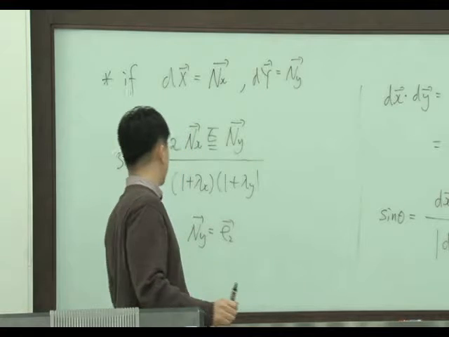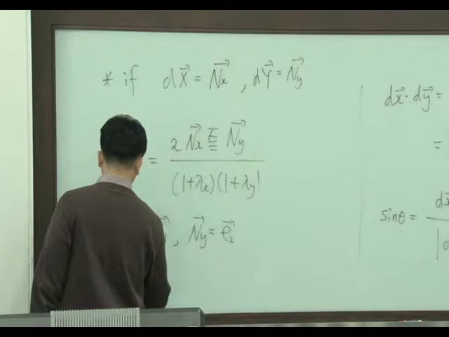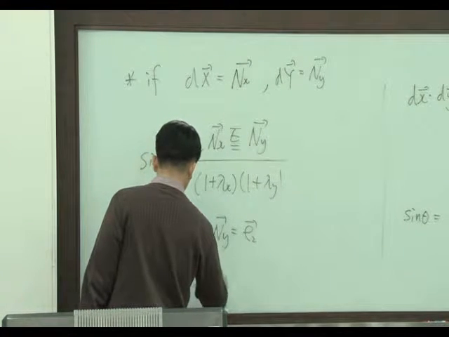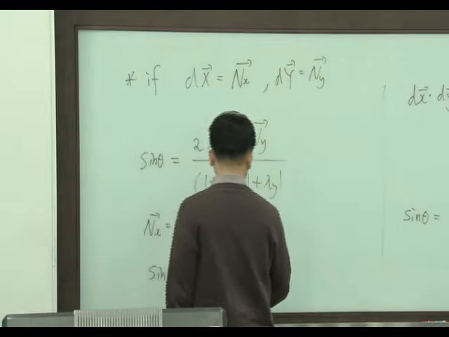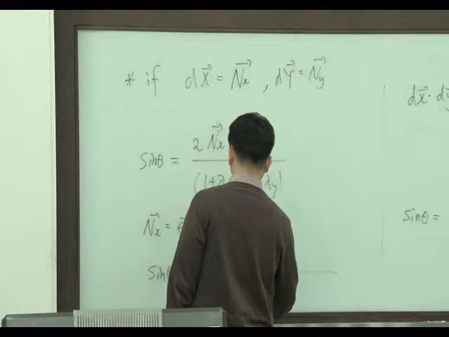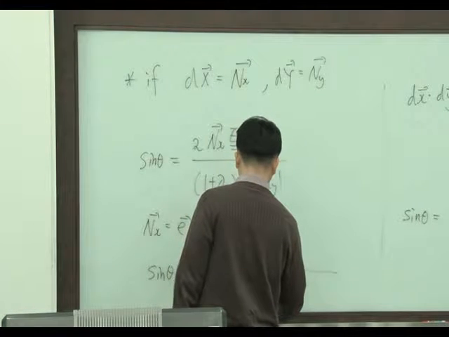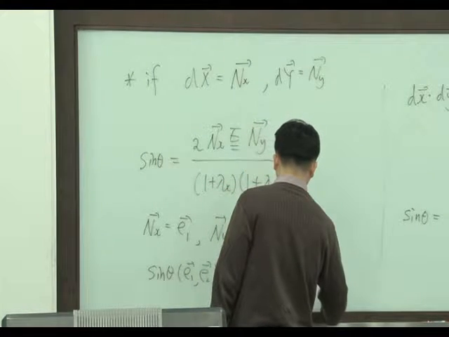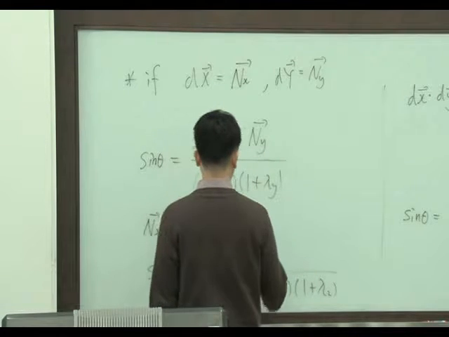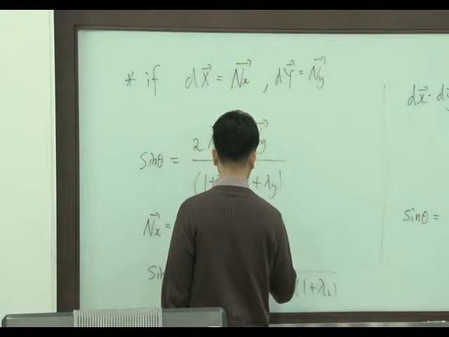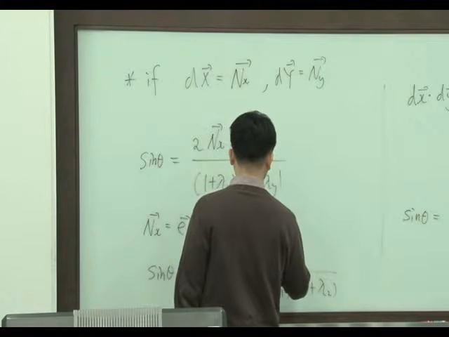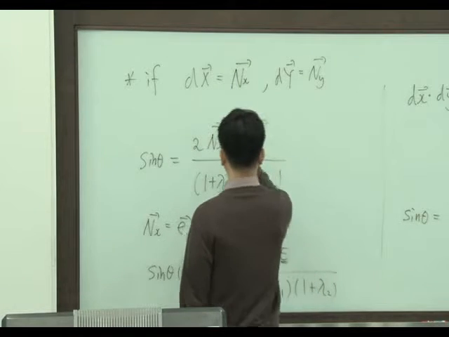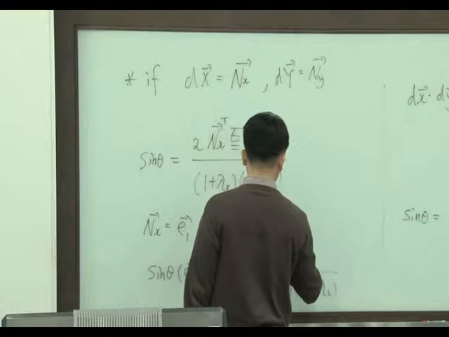Then sine theta for E1, E2 equals 2 E1 transpose E E2, divided by 1 plus lambda 1, 1 plus lambda 2.